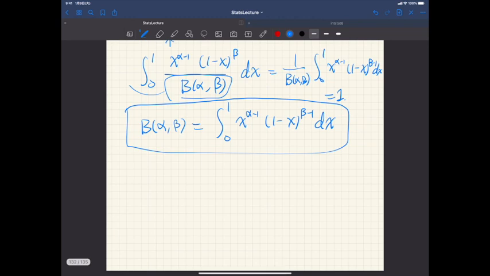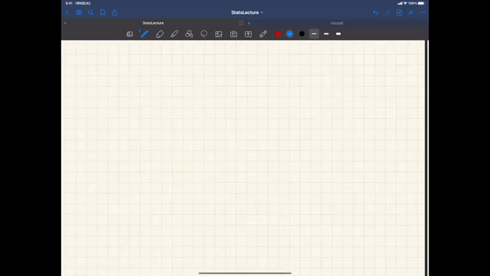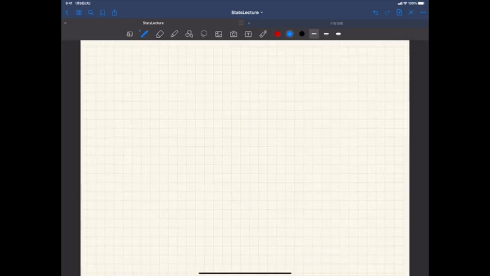But it has an interesting relationship with another function called the gamma function. And the definition of the gamma function is this. So the gamma function, we write Γ(z). Actually, this z is a complex number in general.